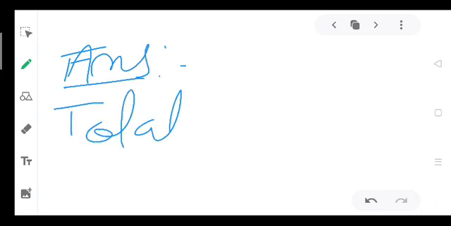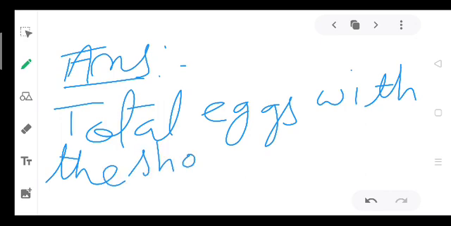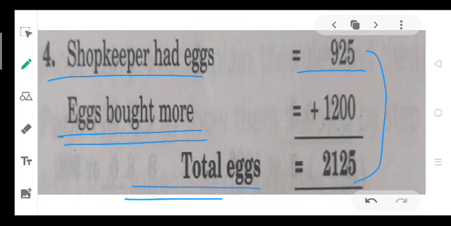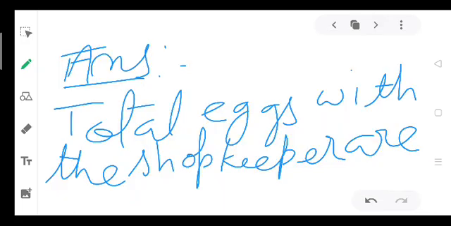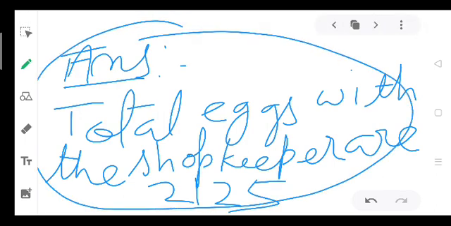Answer statement is total eggs with the shopkeeper are, what is the answer here? 2125. So at the end you have to write the answer also.